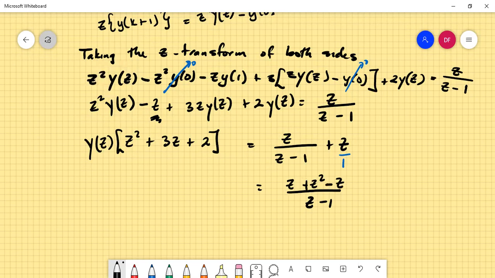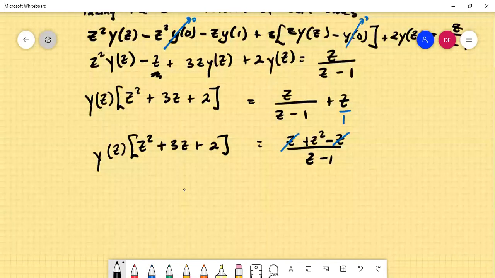So once again, we have Y(z) times z squared plus 3z plus 2 is equal to z squared over z minus 1. So I'm going to make Y(z) the subject of the formula.